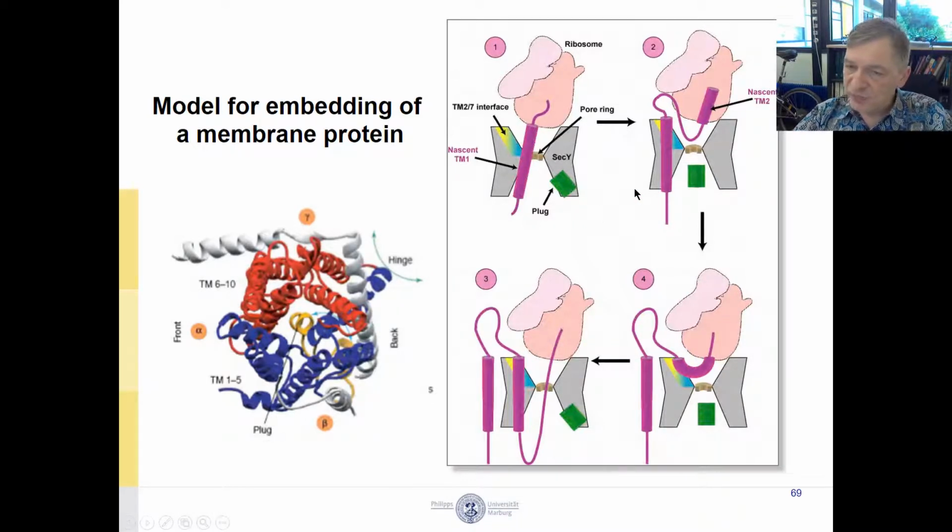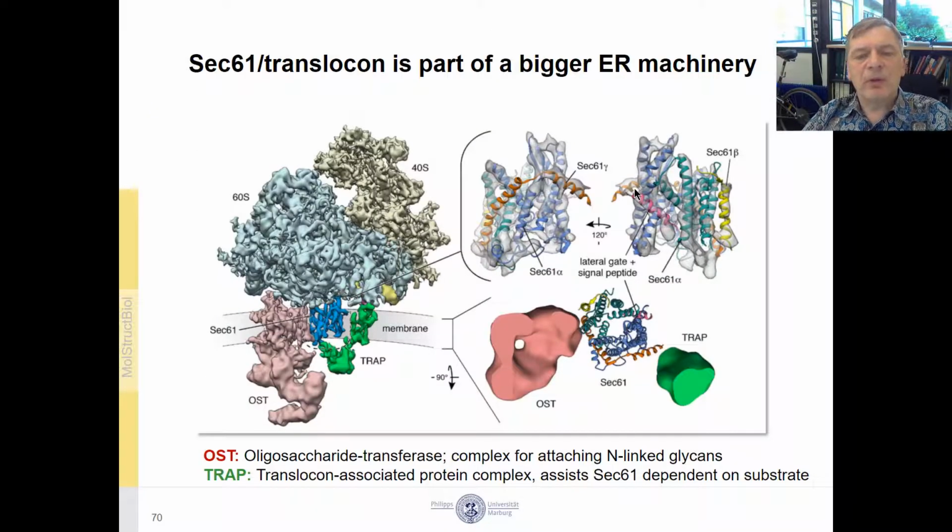This is a very interesting, complex mechanism, because it's something that a conventional beta barrel protein would not be able to do. However, remember that ones with an uneven number of beta strands can do something similar. So that's another story, not for today. So that is the mechanism as we understand it now in structural terms.